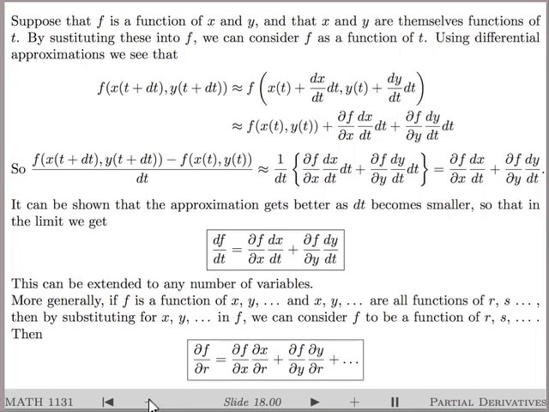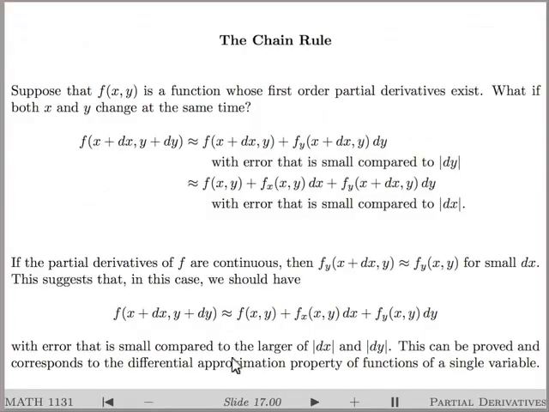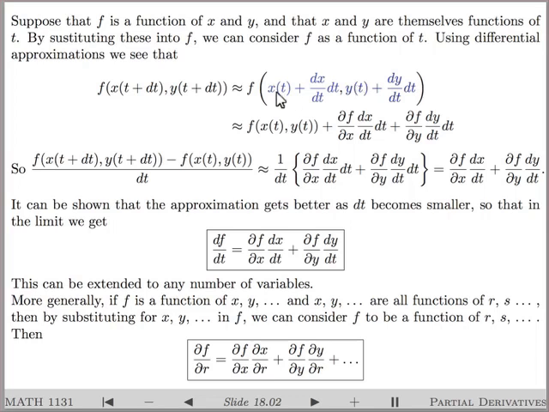Now we use the differential approximation for functions of two variables, which we talked about earlier. That's this. So the change in f due to the changes in x and y is given by this part. We are going to apply this to changes here.